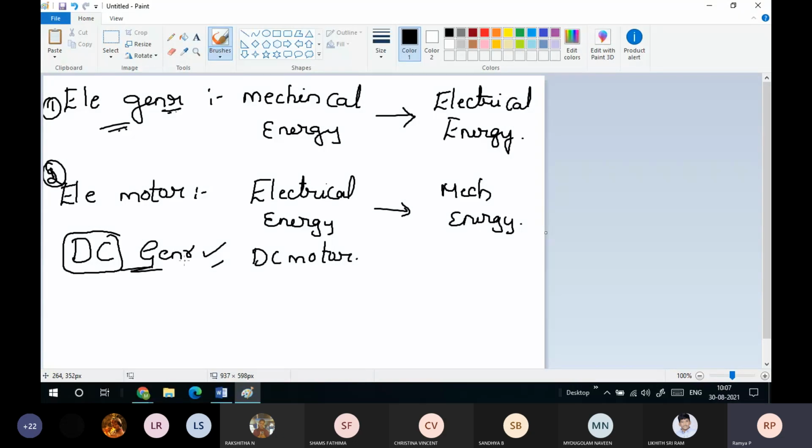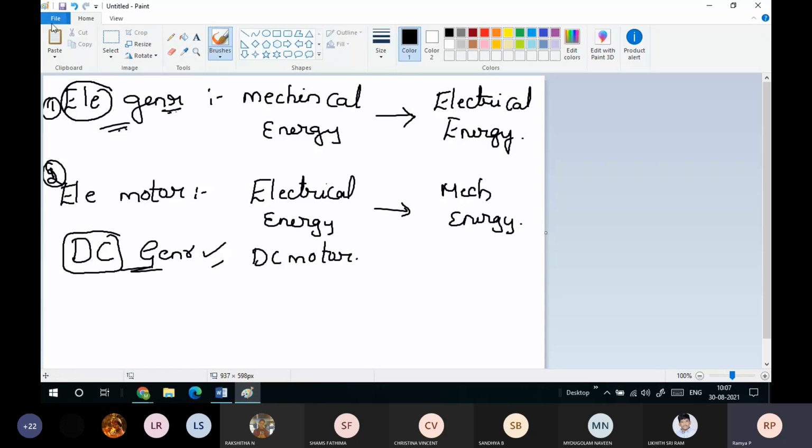Now you know that a generator is the machine which converts a mechanical input into electrical power. To be more specific, I have told you about the electric generator here, I didn't use the word DC.